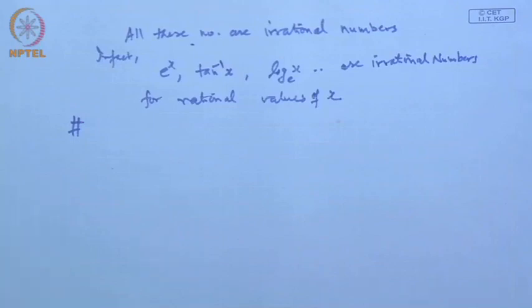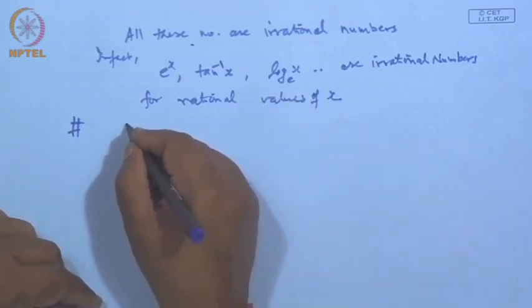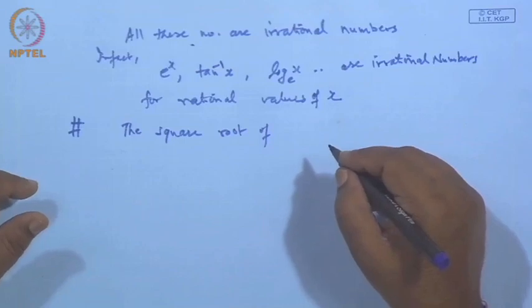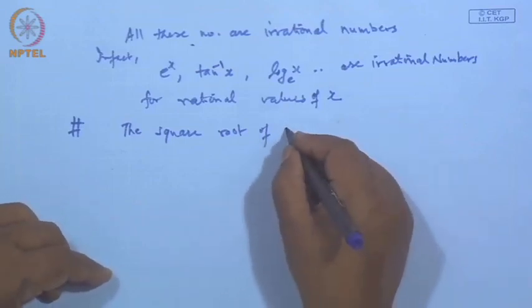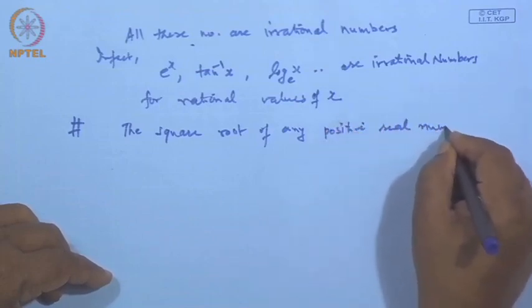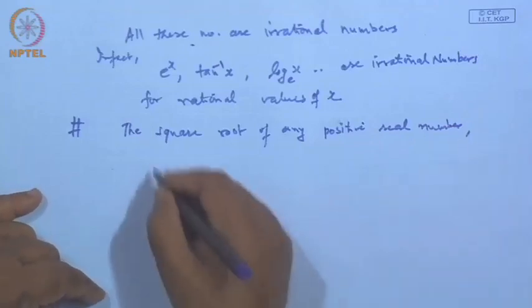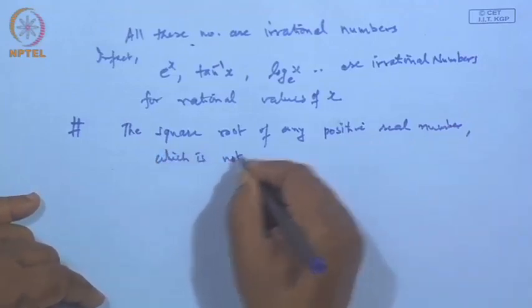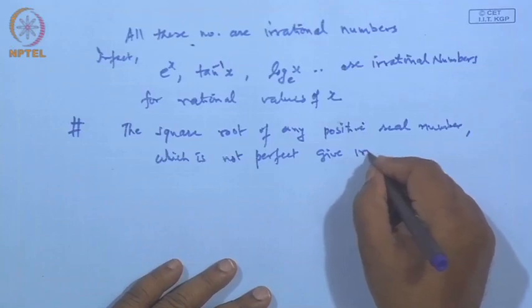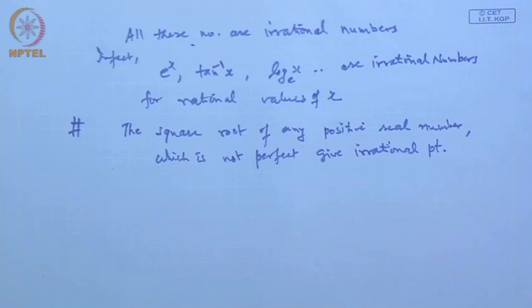Now, there is a result. The result says the square root of any positive real number which is not perfect gives an irrational number.